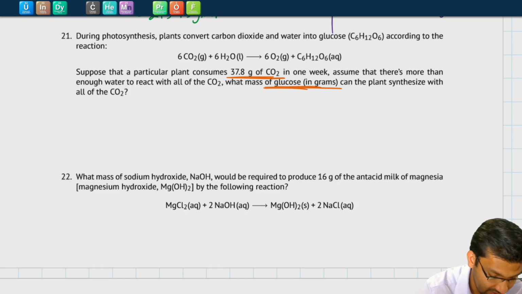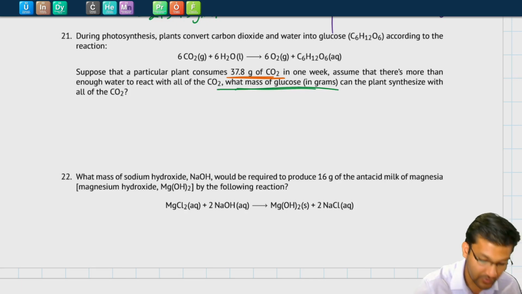There we go, I was looking for the word. So how much glucose in grams, let's use a different color so that we can highlight that, do we form by using up 37.8 grams of carbon dioxide?